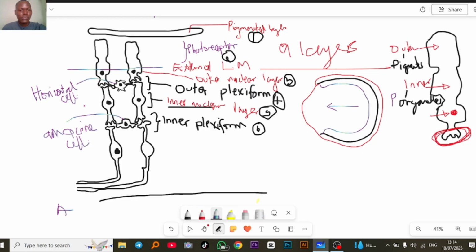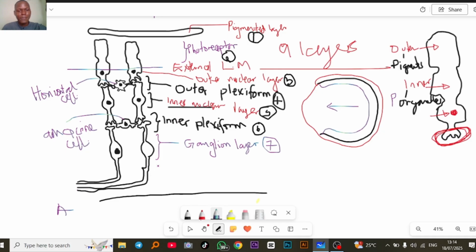Then the next layer of cells is this layer, which contains the ganglion cells. So it's known as the ganglion layer. That's layer 7. For layer 8, we can see that the axons of these ganglion cells are elongated to form optic nerve fibers.